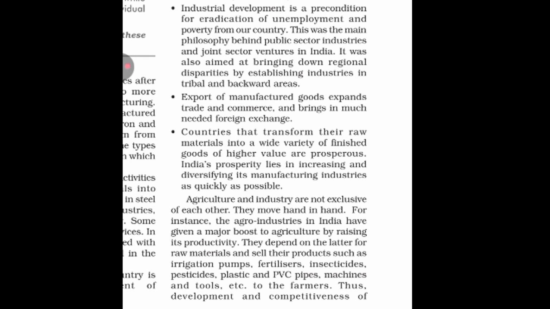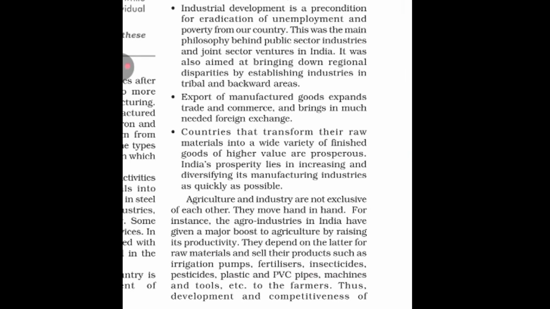Second thing is, manufacturing or industrial development helps in eradication of unemployment directly or indirectly. Directly meaning a person is working on the machine, indirectly meaning agriculture is providing raw material, and tertiary industry is dependent on manufacturing industries like providing of loans, banking, insurance, transportation.